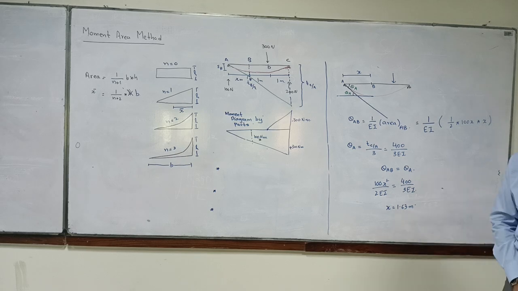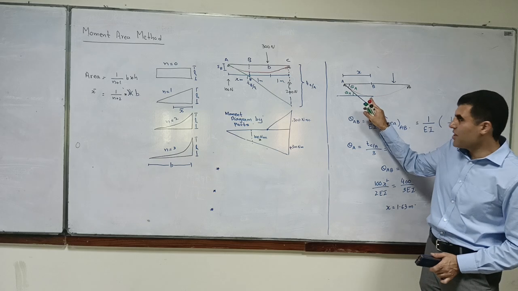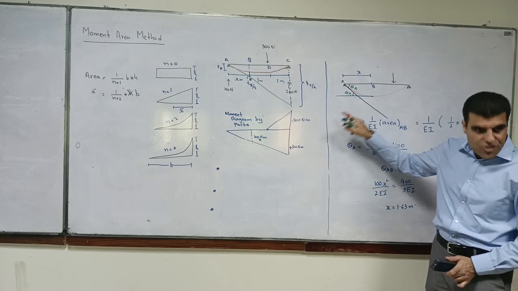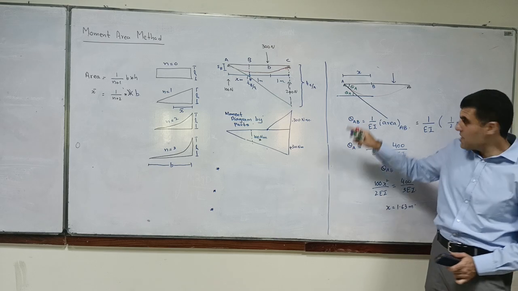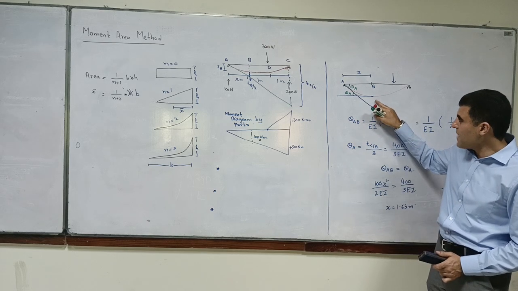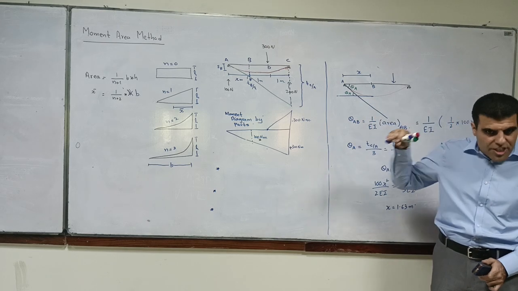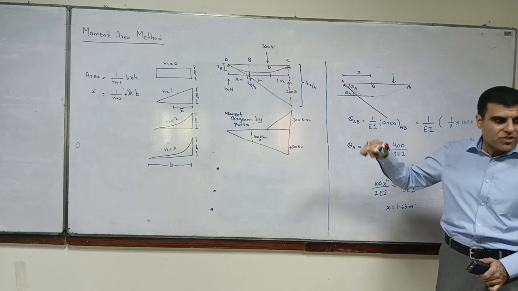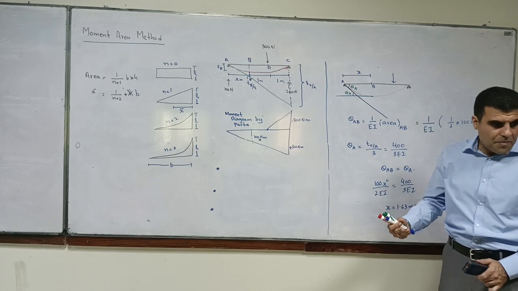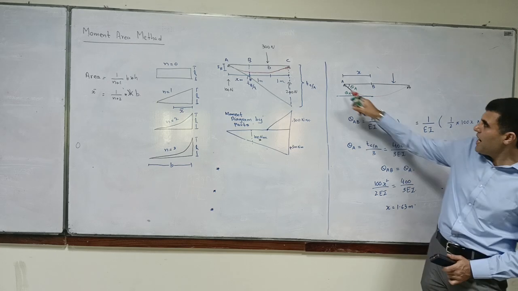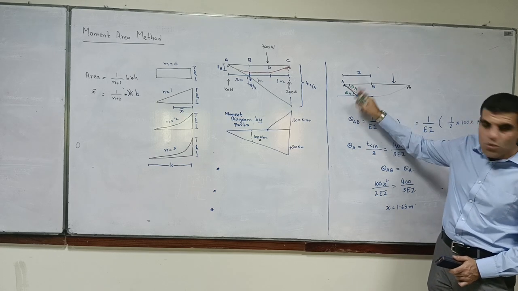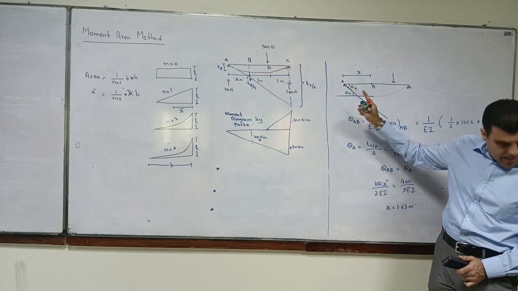So the main thing to remember in this one is that at the maximum deflection, your tangent is horizontal. Tangent being horizontal means that you can have your two corresponding angles equal.